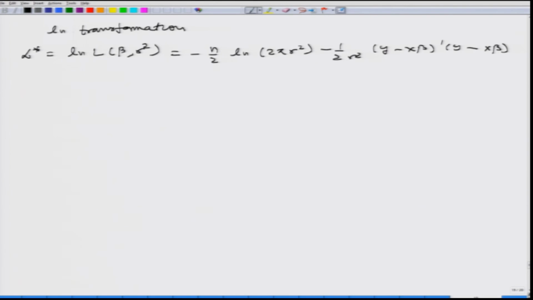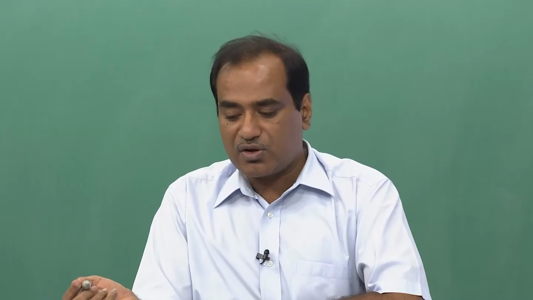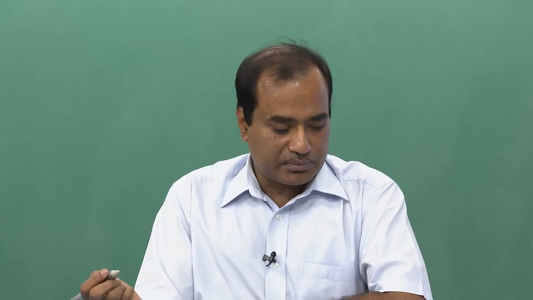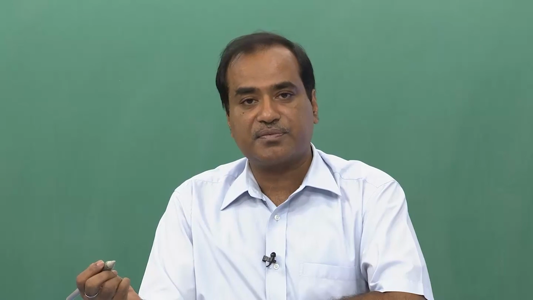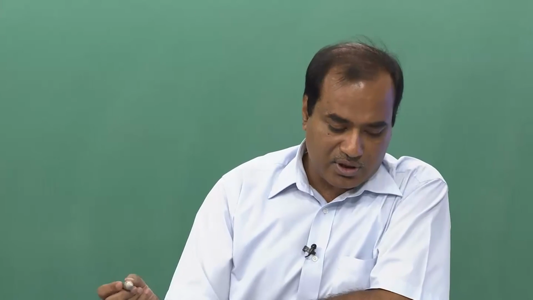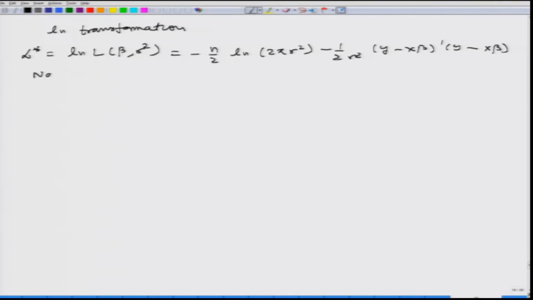Now, I will simply use the principle of maxima and minima to obtain the values of beta and sigma square such that this likelihood function is maximized. So, we obtain the normal equations by partially differentiating L star with respect to beta and with respect to sigma square.